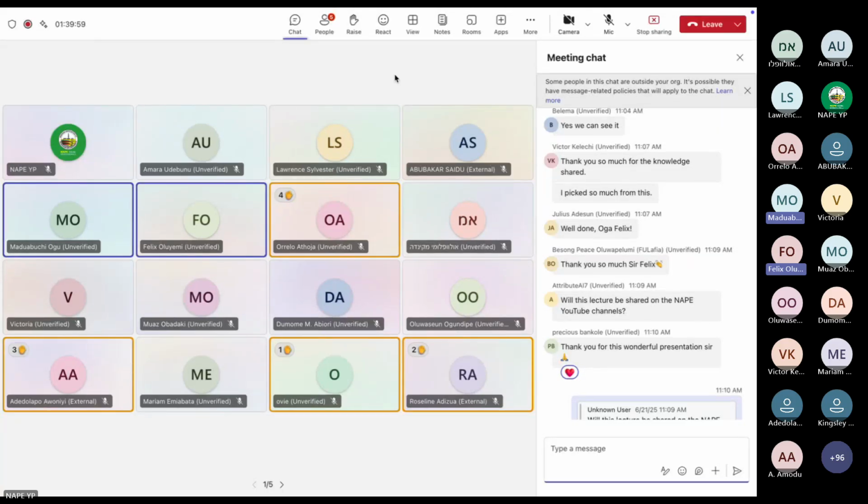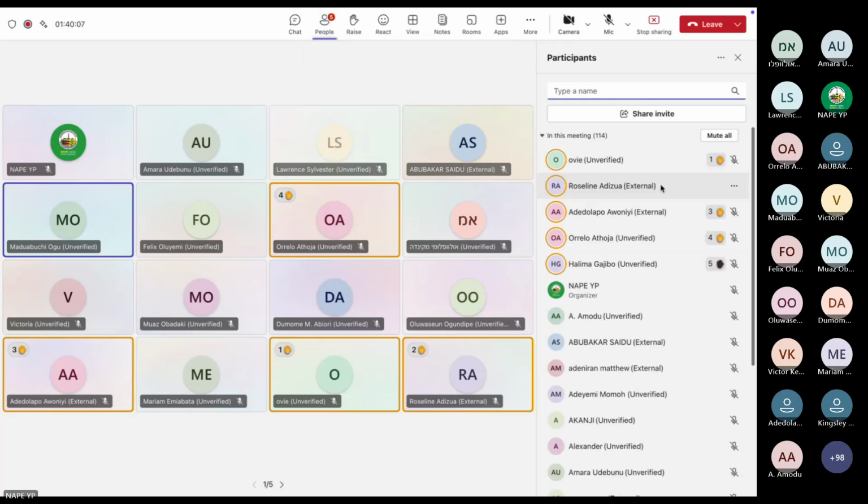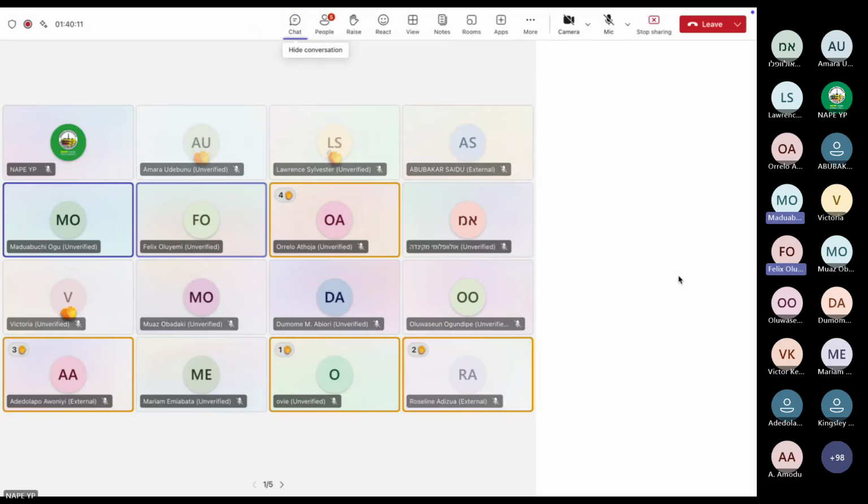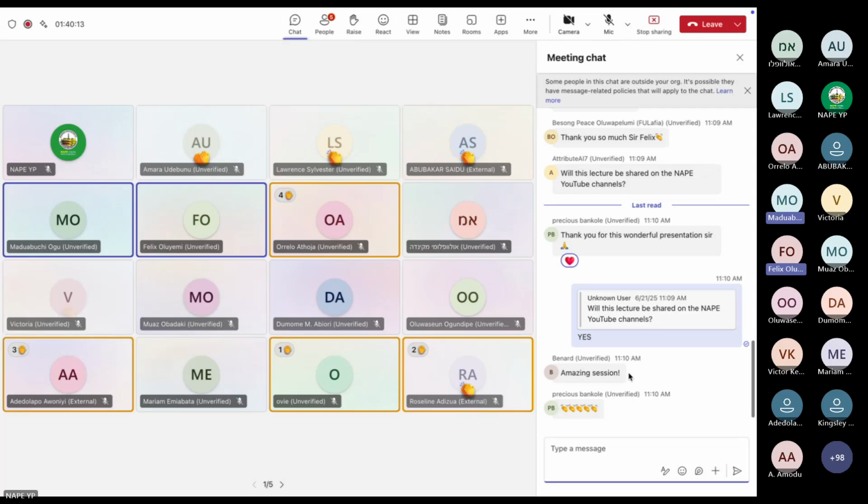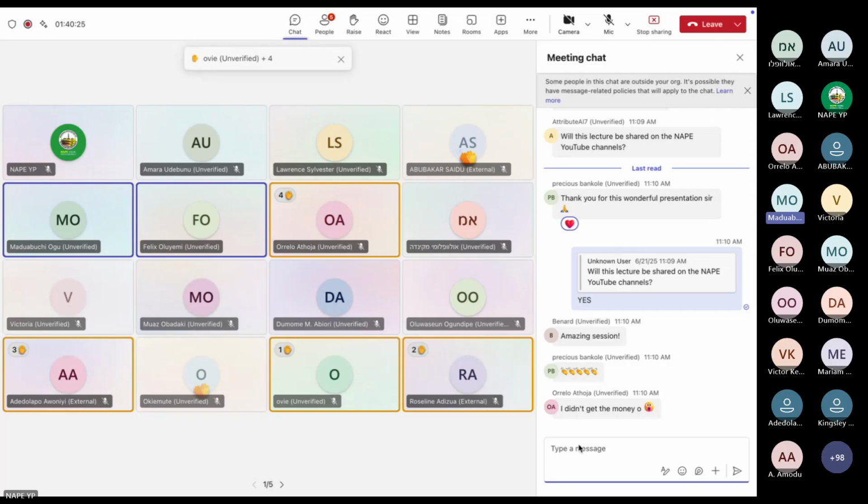It's not easy. Please, a round of applause for our facilitator. Let me see that emoji while we set up our quiz. I am not leaving here until I start seeing emojis. Mr. Felix has done a whole lot. If you go abroad to do this type of learning, you pay a whole lot of money, and NAPE is giving it to you on a platter of gold, or should I say on a platter of oil, because we are in the oil business.